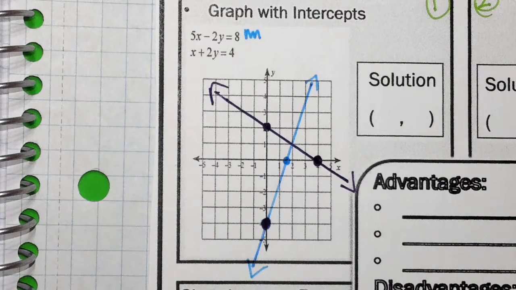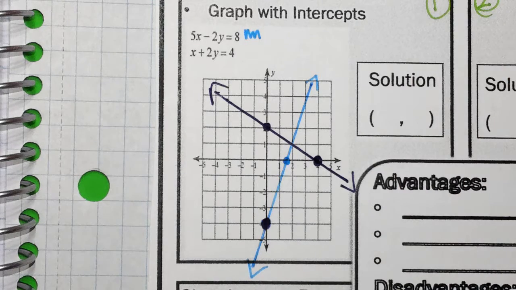So since your y-intercept is 2, you go up 2 on the y-axis. Does that help?